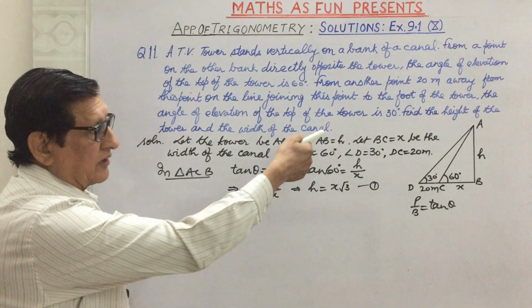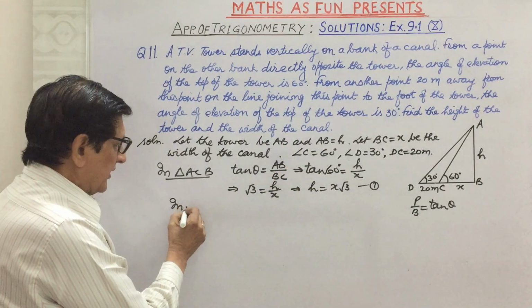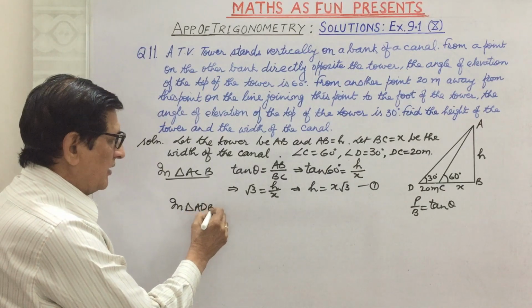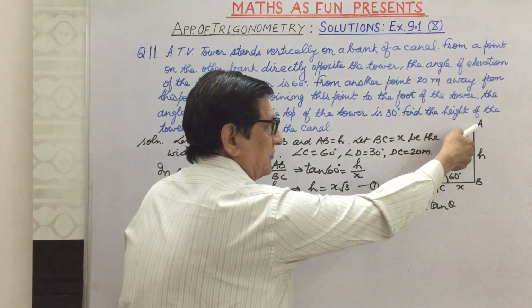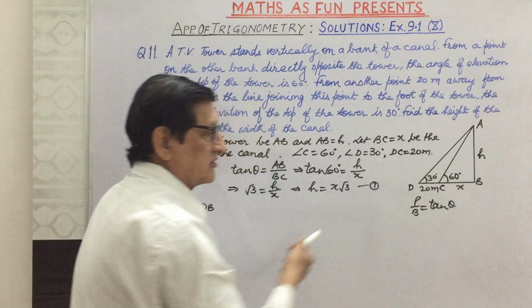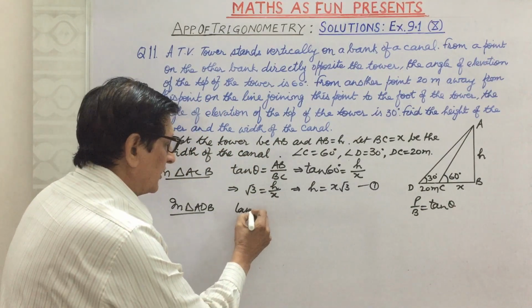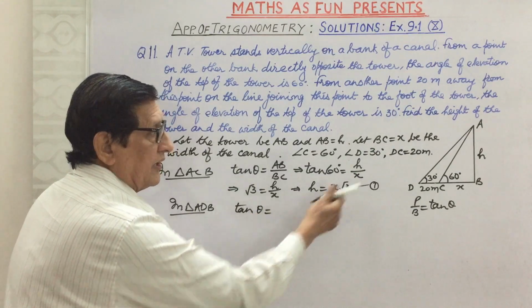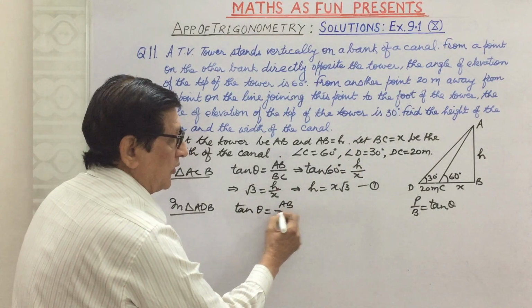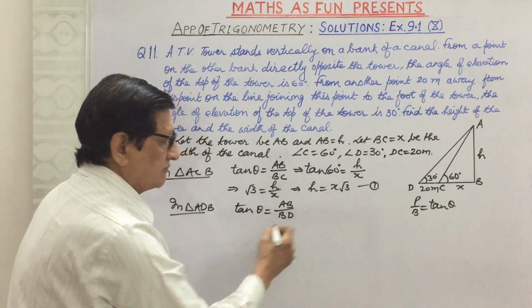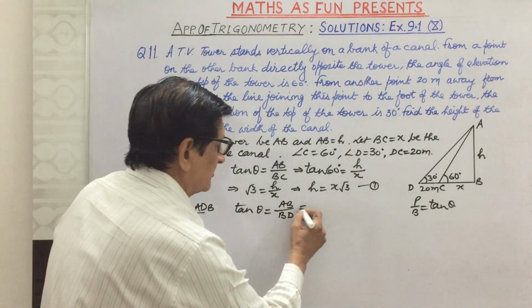Now we come to triangle ADB. In triangle ADB, again we are having the perpendicular and the base. So we will be applying tan theta here also. Tan theta is equal to AB upon BD. Here theta is 30 degree.